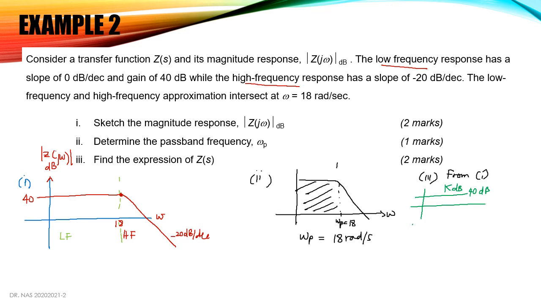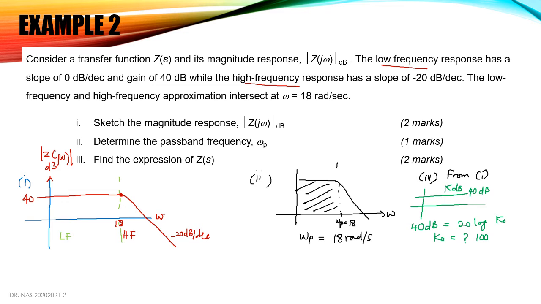So we know that 40 dB equals 20 log of K naught. Therefore, your K naught equals 100. Please calculate 10 to the power of 40 divided by 20. So you should get 100.